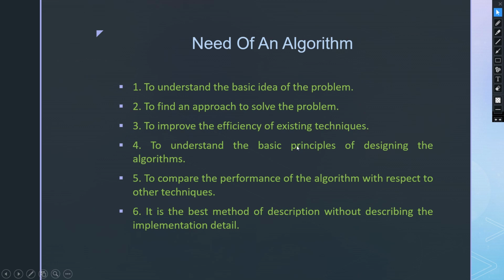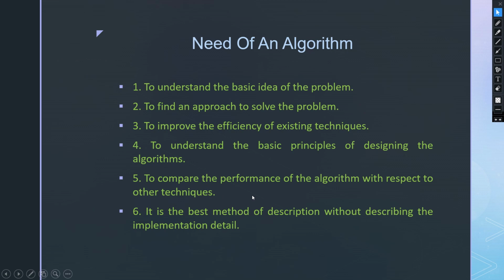So, the need of an algorithm. Of course, we should know the need of an algorithm: to understand the basic need of a problem, to define an approach to solve the problem, to improve the efficiency of existing techniques, to understand the basic principles of designing an algorithm, and to compare the performance of an algorithm with respect to other techniques.